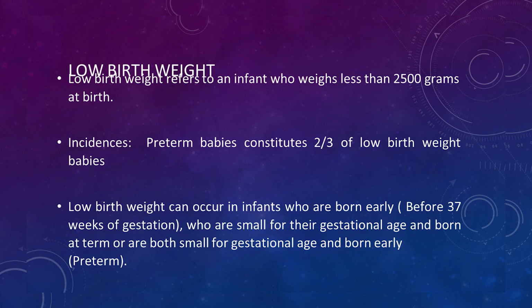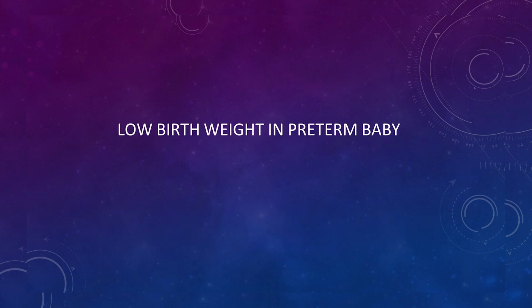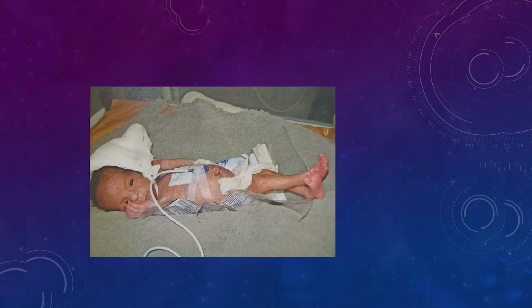The third is both small for gestational age and born early, that is a preterm baby also having less weight for that gestational age. So these are the three criteria for low birth weight: preterm birth, full term but with weight less for that gestational age, and both preterm and small for the gestational age.